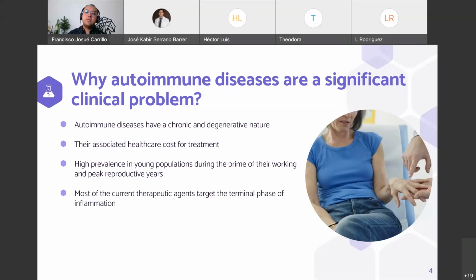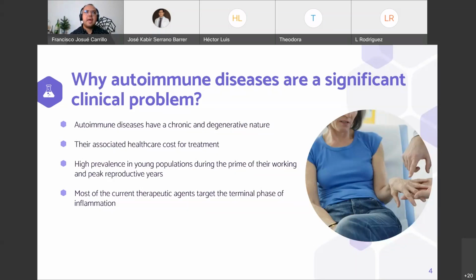Also, most of the current therapeutic agents target the terminal phase of the inflammation. We're going to talk a little bit about the important role of chronic inflammation in the development of the autoimmune diseases, but this is a problem because these agents just try to reduce the inflammation, and they do not stop, for example, the initial factors that trigger the autoimmune complex network, which is especially a multifactorial condition.